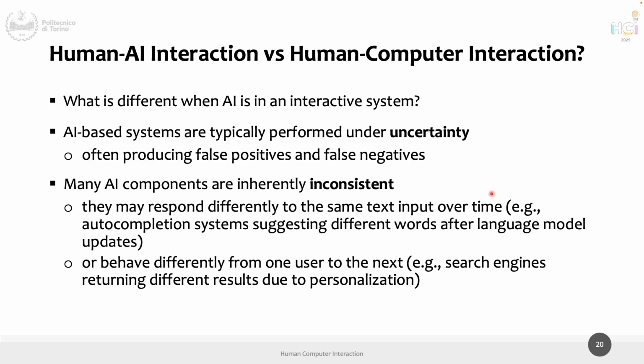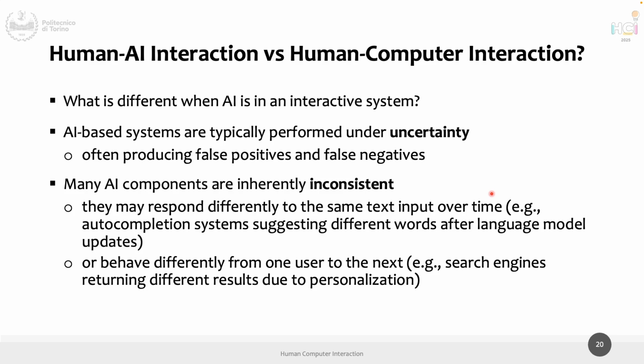So AI-based systems are performed under uncertainty. That's the machine learning. You have a model that's a statistical model. So by definition, the answers are not always predictable in the same way. You can have uncertainty. You can have false positive. You can have false negative. You can have hallucination in generative AI. So you can have this thing.